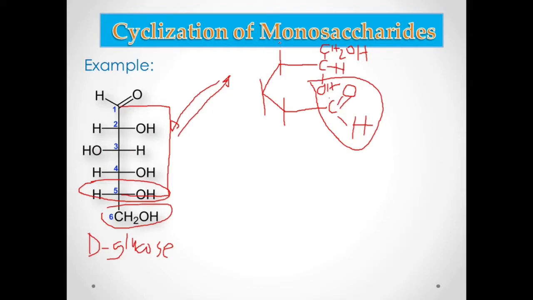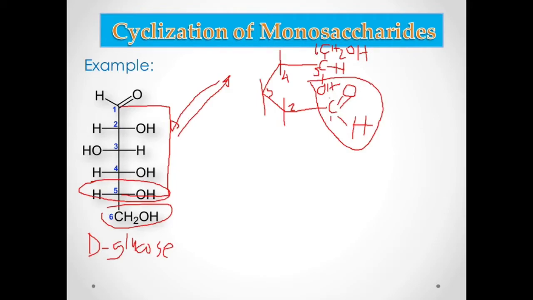We will know later how to arrange the OH and H in the cyclic form. So this is carbon number 1, this is carbon number 2, carbon number 3, carbon number 4, carbon number 5, and carbon number 6.